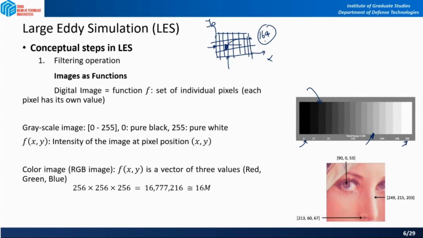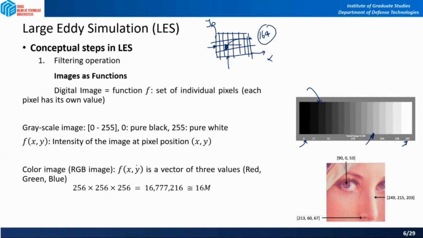On the other hand, I have a color image, and a color image is just a simple extension of the grayscale image. So f of x and y is now a vector of three values instead of one value. If you use an RGB image as an example, red, green, and blue, the colors are constructed from these combinations, R, G, and B. Therefore, each pixel of the image has three channels, three values, and it is represented as a 1 by 3 vector.